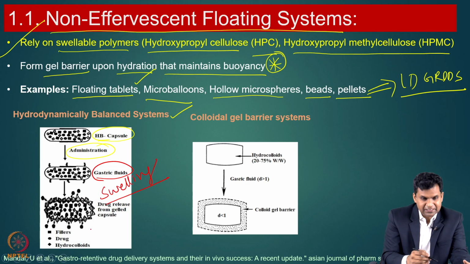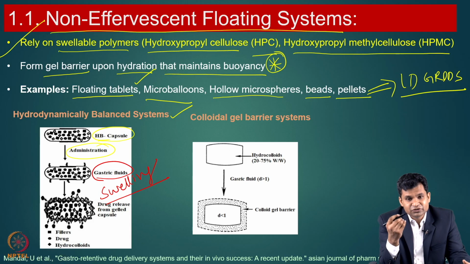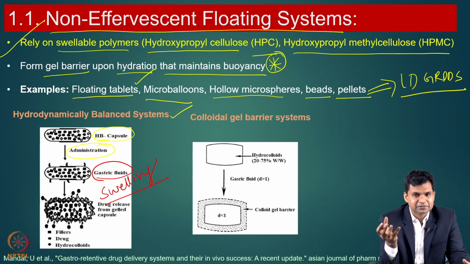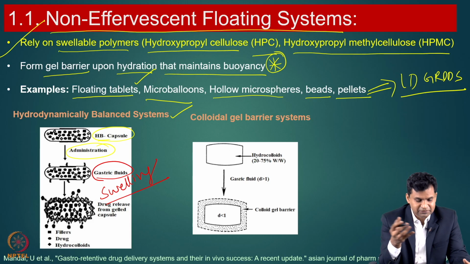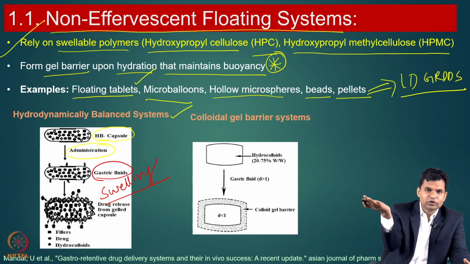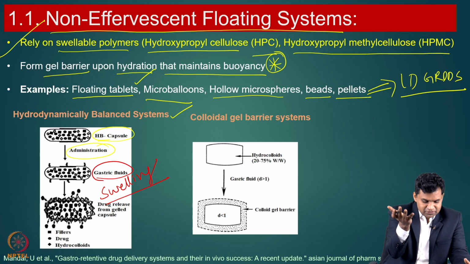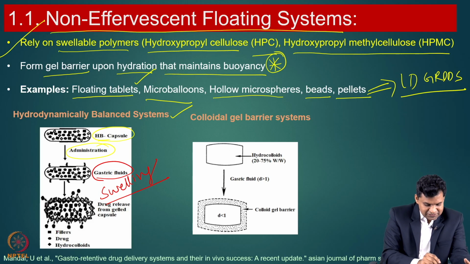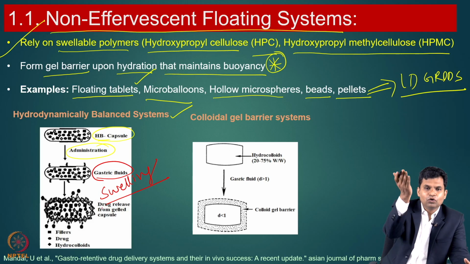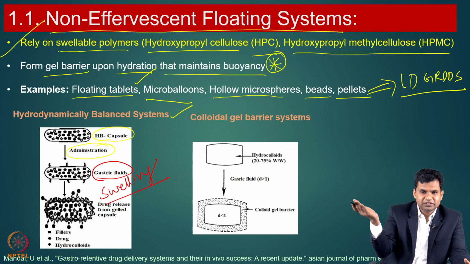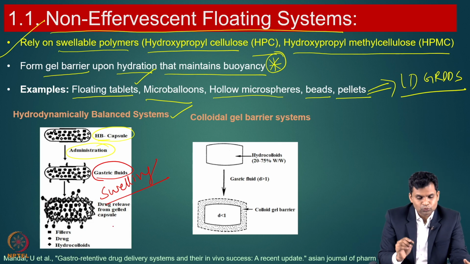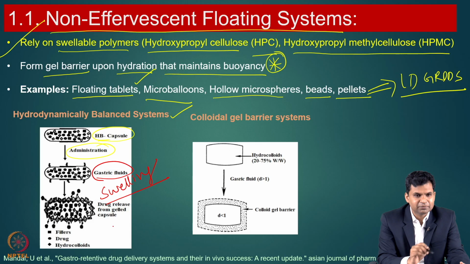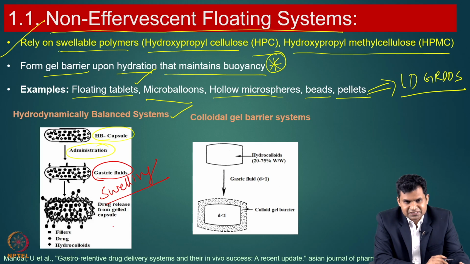And further, in some cases we even use the CO2 release mechanism, that is the effervescent mechanism, that will also help in the floating of your system in the GIT fluid. Now, here you can see what happened once it swells and then it will float on the surface of the GIT fluid. So, one best mechanism is nothing but the hydrodynamically balanced system by using the swellable polymers.